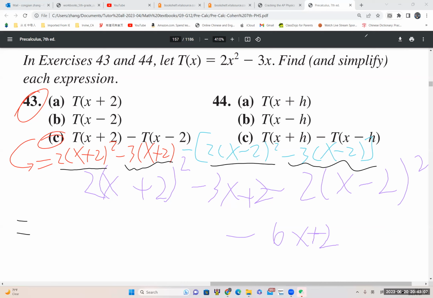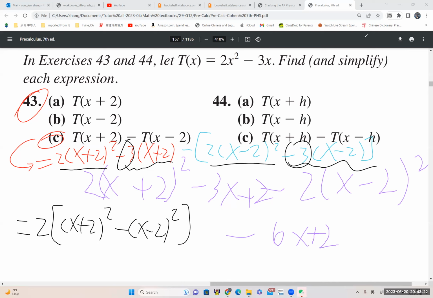So we have 2 times x plus 2 squared minus x minus 2 squared. Then for this, we have negative 3 as a common factor, so minus 3 times x plus 2, then minus x minus 2, right?